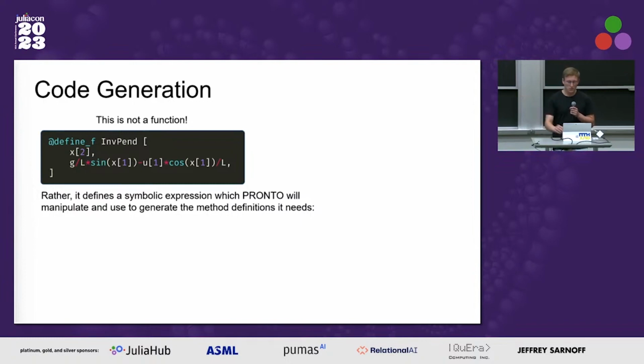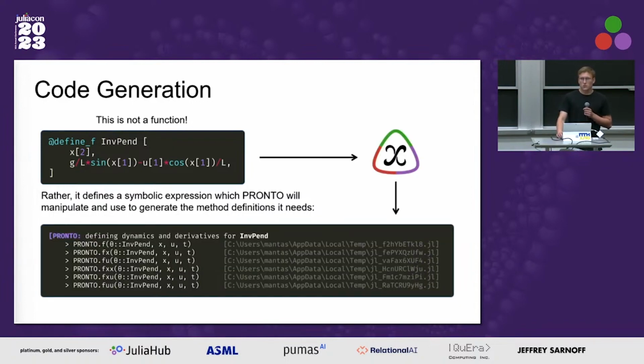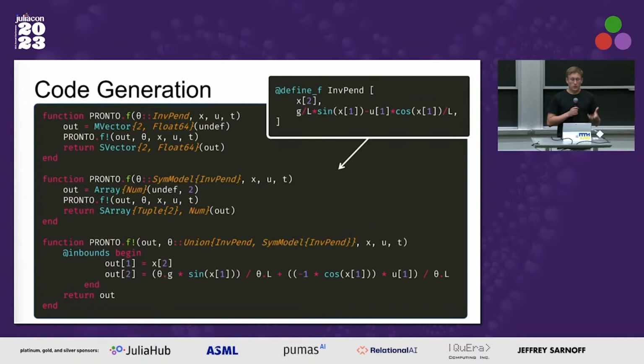It just makes defining the problem a lot cleaner. But then this thing is traced symbolically, passed into Symbolics.jl, differentiated, or potentially for some of the things we actually do some symbolic simplifications and symbolic algebra. And then we generate the customized methods for our inverted pendulum that essentially plug into the dispatch or the method table for Pronto. So what that generated code looks like.